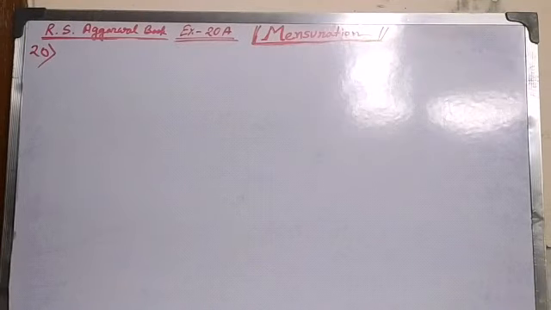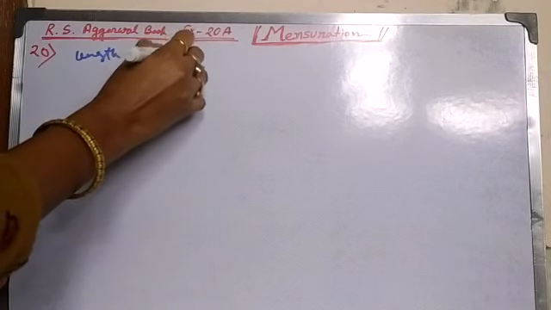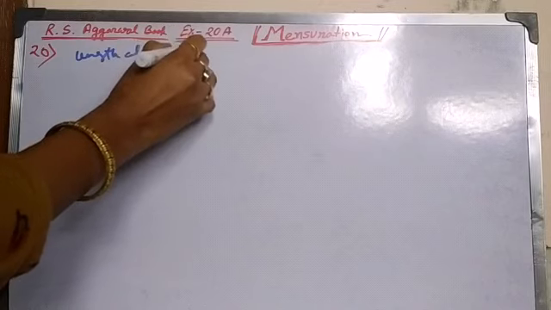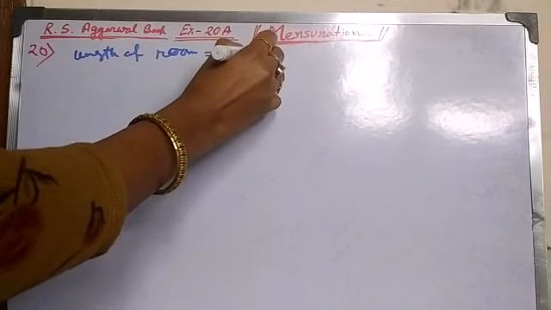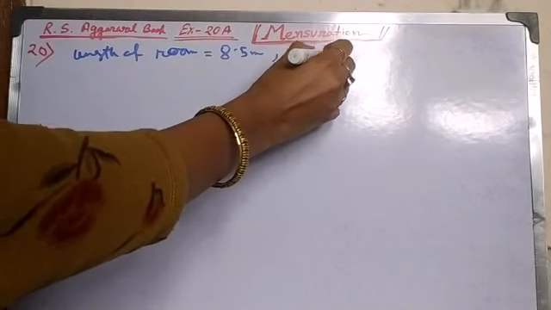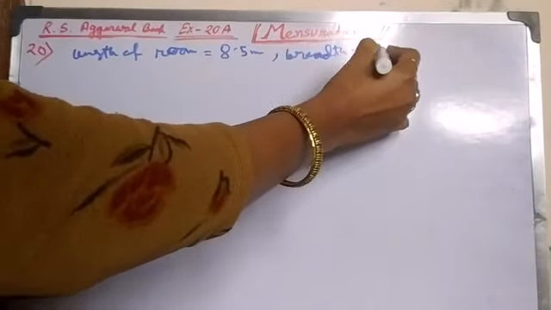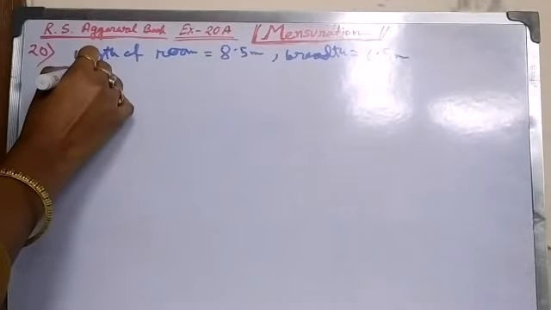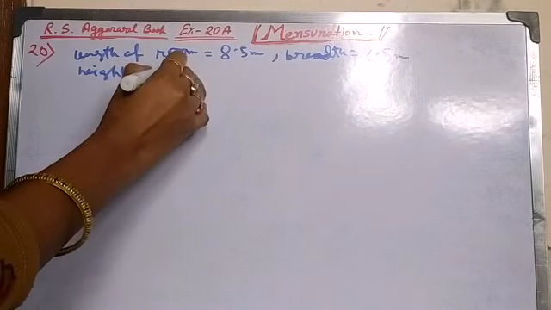Now question number 20. A room is 8.5 meter long, 6.5 meter broad and 3.4 meter high. So first I am writing this one. Length of room equal to 8.5 meter, breadth equal to 6.5 meter, height equal to 3.4 meter.